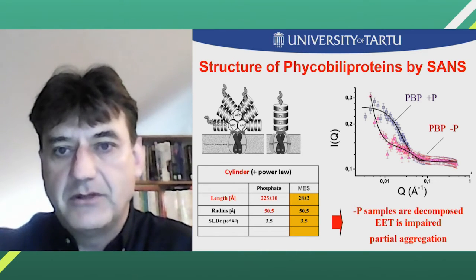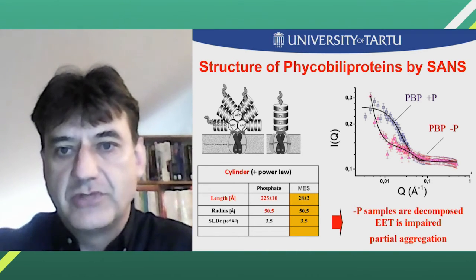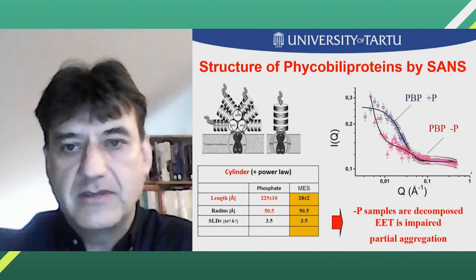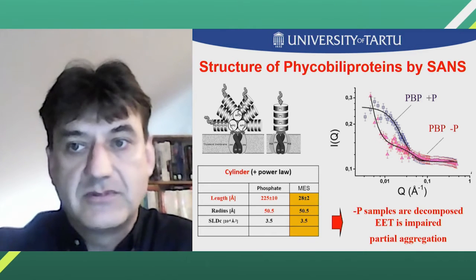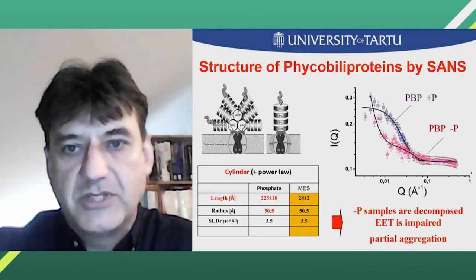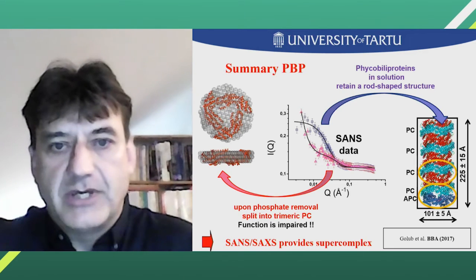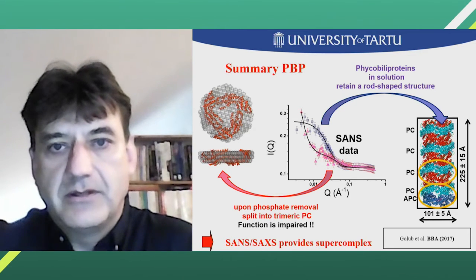And with this structural information, you can also explain why the function of the phosphate lacking sample is impaired, because simply the active structure is split into pieces. That is summarized on this slide here.